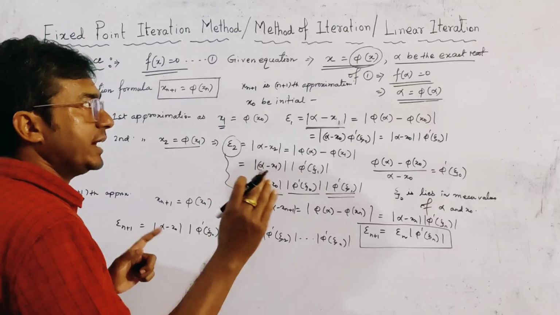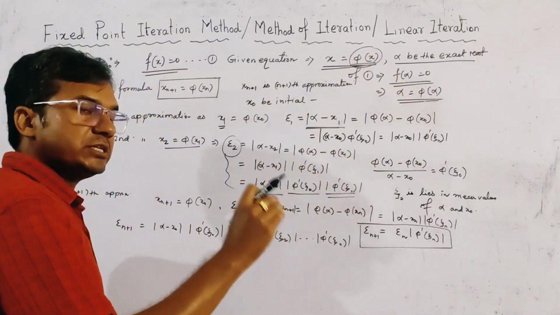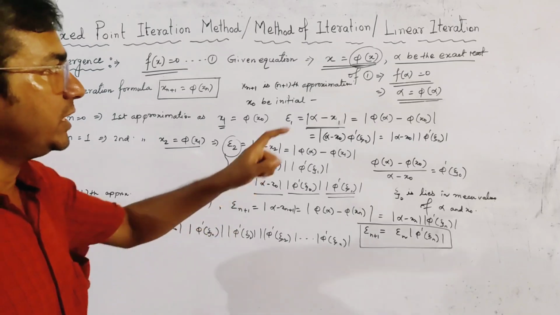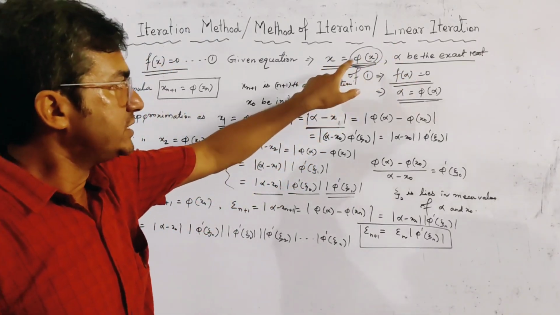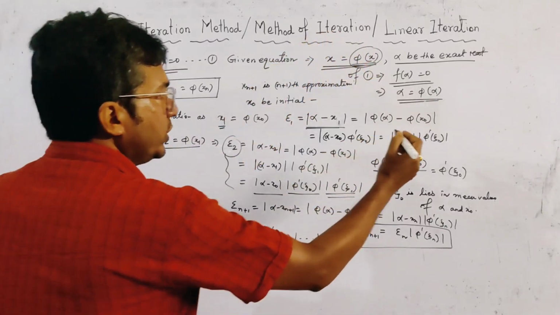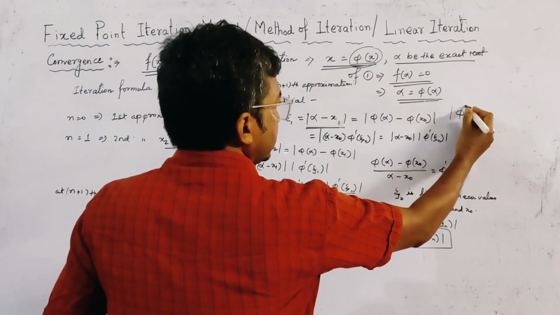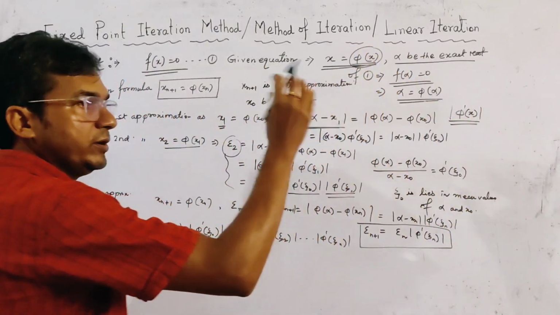We already said that the function phi of x is continuously differentiable in the neighborhood of the exact root alpha, and since it is continuously differentiable, phi dash x is also bounded.